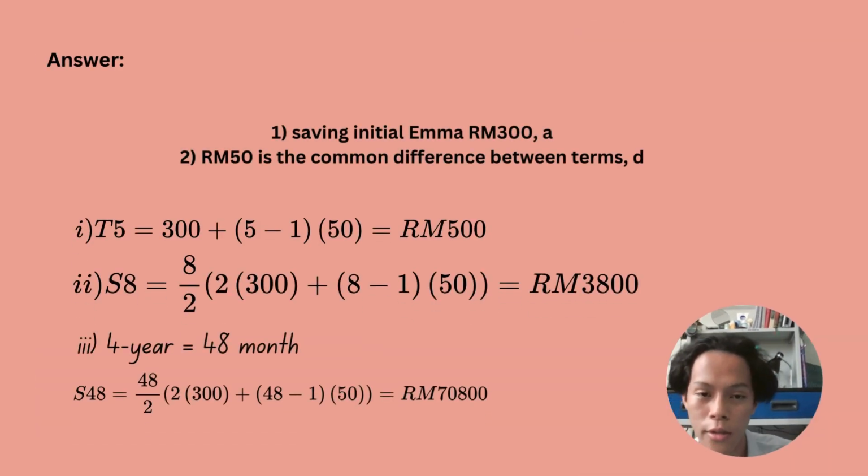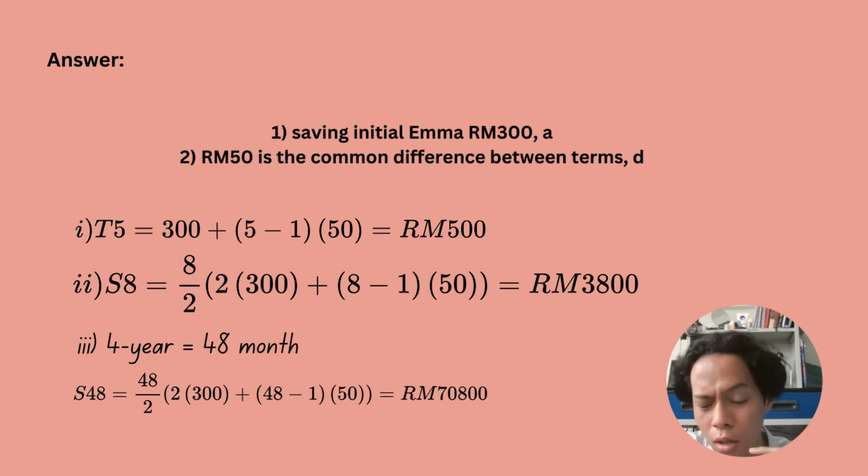So this is the answer. First find the keywords. Number one, Emma's initial saving is 300 ringgit, which is a, and number two, 50 ringgit is the common difference between terms, that is d. For number one, we use the first equation, Tn equals a plus n minus 1 times d. Put all the info into this equation and you will get 500 ringgit.